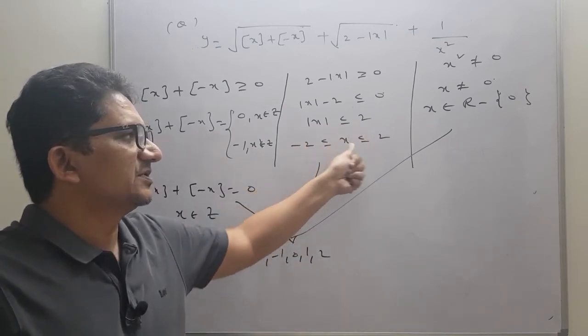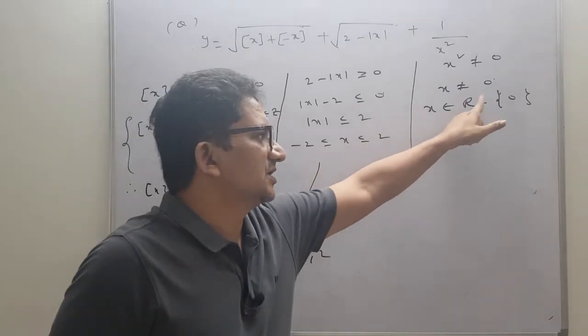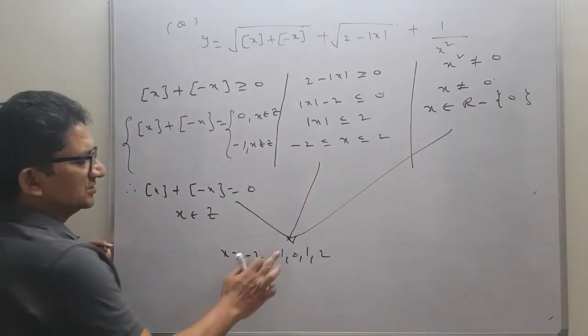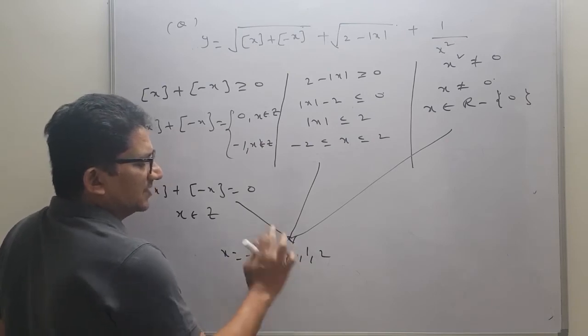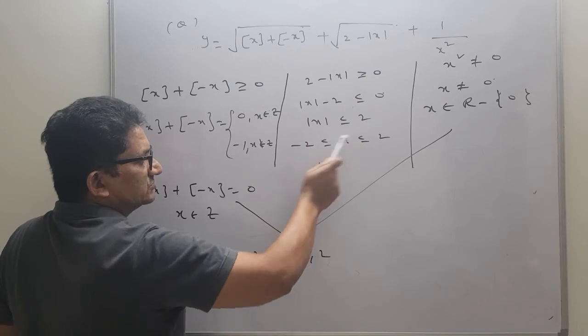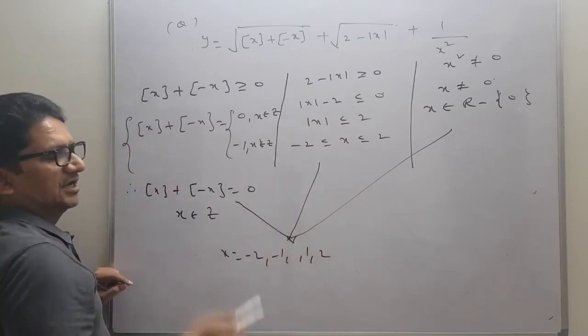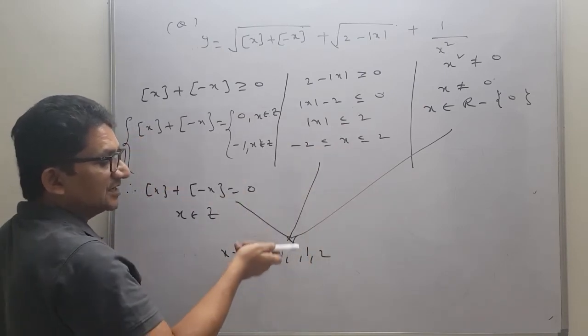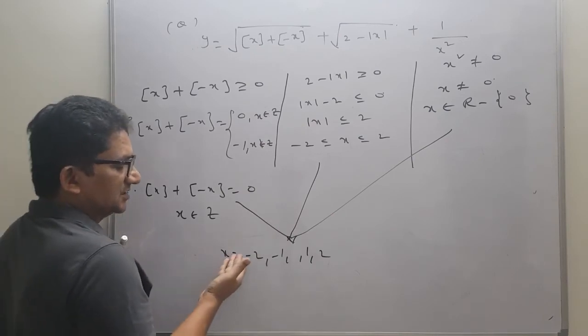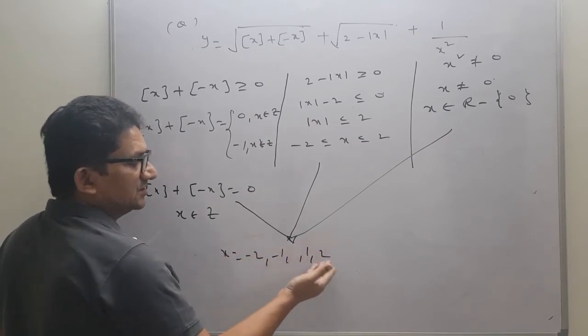So this will be the common portion for all these: x belongs to R excluding 0 and x belongs to Z. So here 0 is not allowed, so that's why we will remove the 0. And from the remaining, in between minus 2 to 2 we need to take only integers. So you got a discrete domain now. So domain of function: x is equals to minus 2, minus 1, 1, 2.